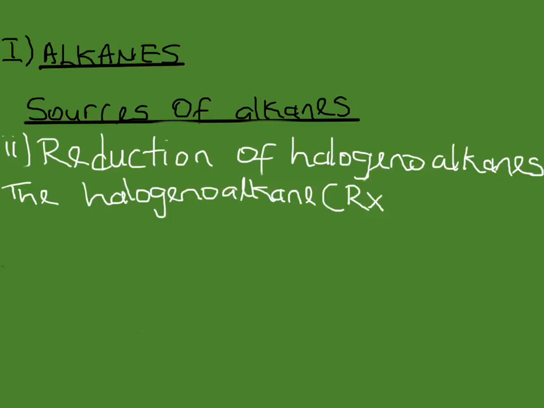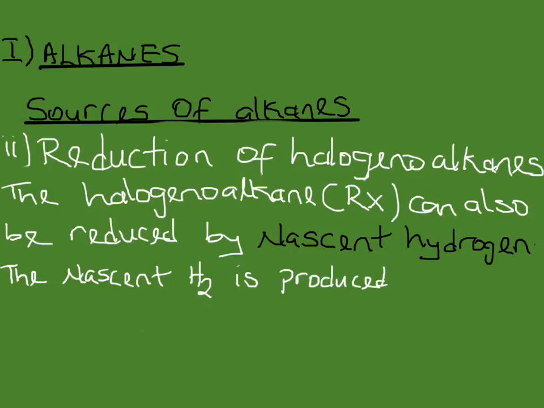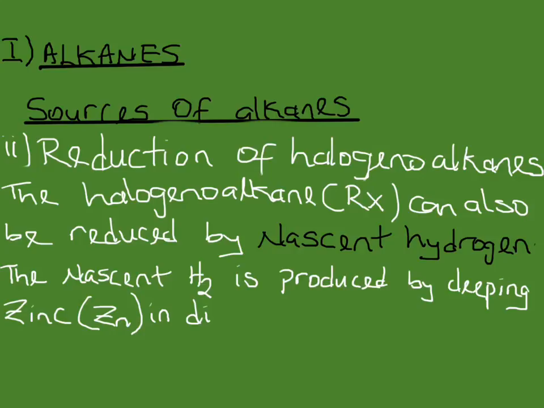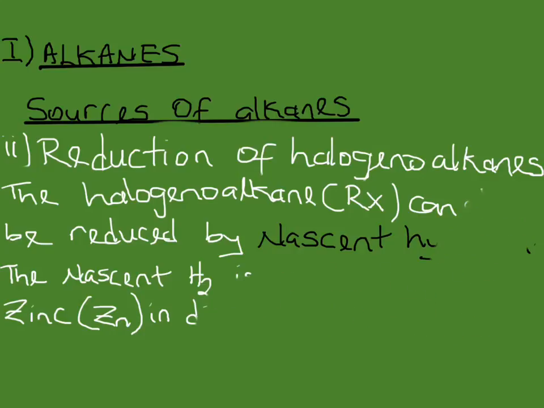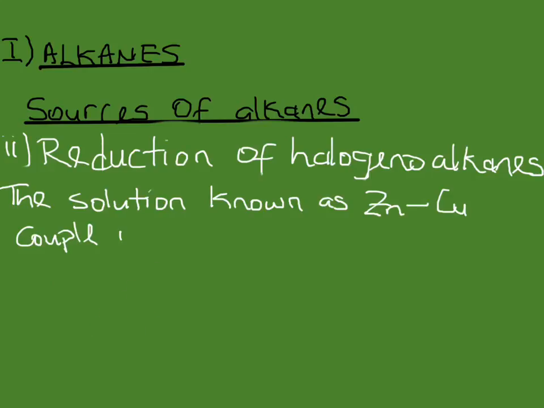The halogenoalkane can also be reduced by nascent hydrogen. The nascent hydrogen is produced by dipping zinc in dilute copper sulfate.